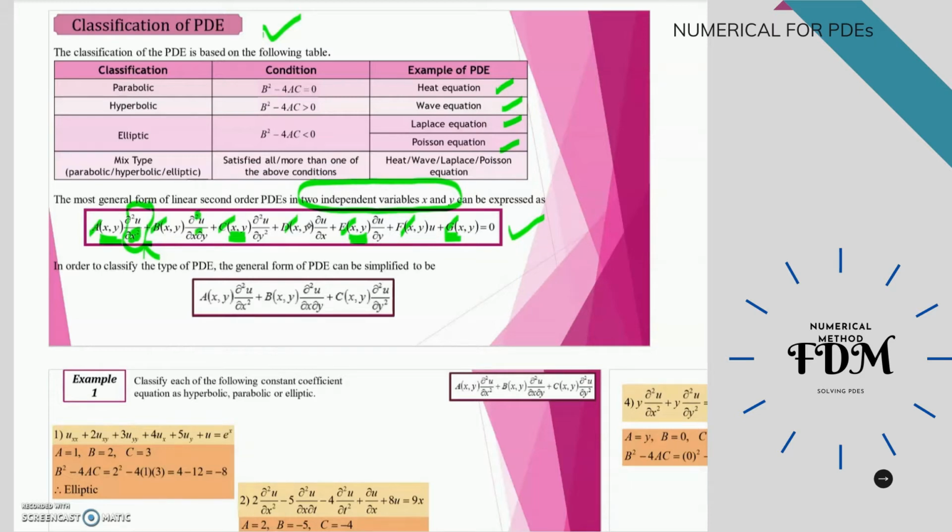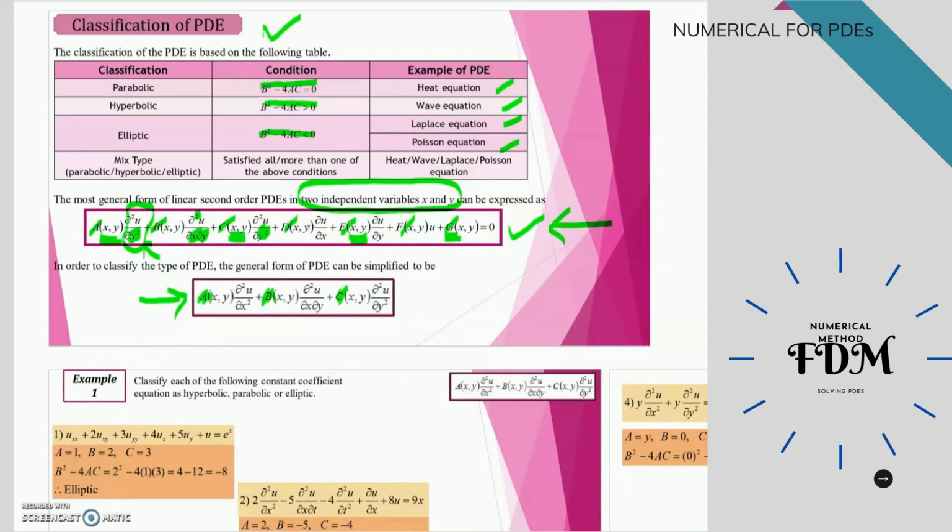This one is the mixed partial derivative in x and y, and then this is the second derivative of y. Since we want to know what is A, B, and C here for the conditions, so that we can simplify the general equation into the most simplified equation, where we have only A, B, and C.